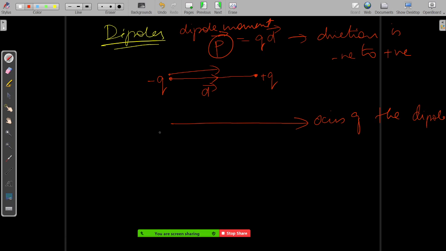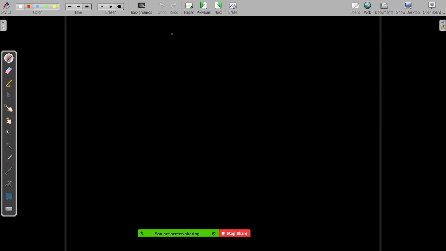All right, now we want to find a lot of things, like the potential due to a dipole and the electric field due to a dipole. If you want me to prove those things, we can prove it.